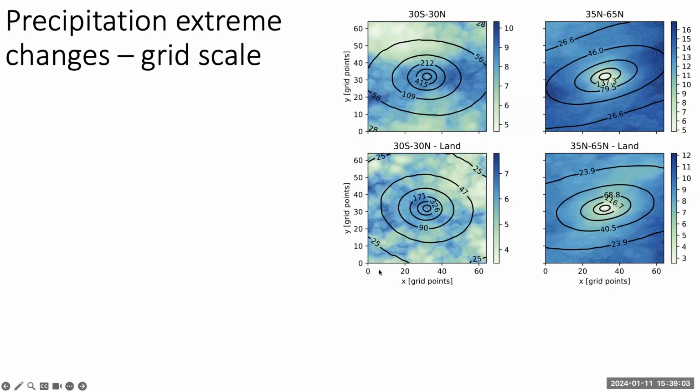So basically it's a 200 by 200 kilometer box, something that is about 2 grid cells of a normal GCM. So basically what we are looking at is the response to warming of precipitation extremes within a grid cell of a GCM. We can look at it, it has a structure.